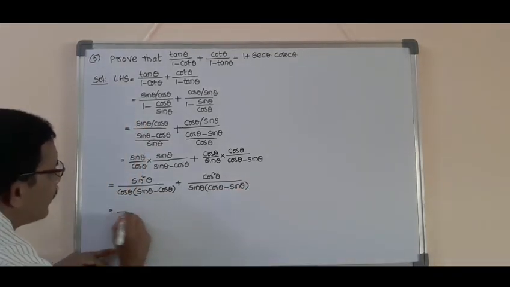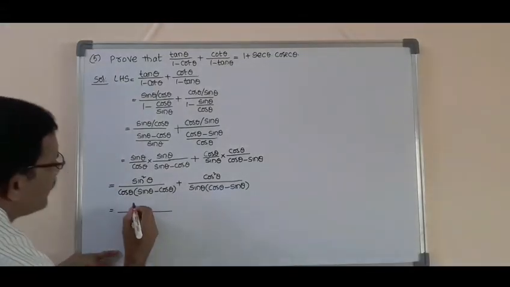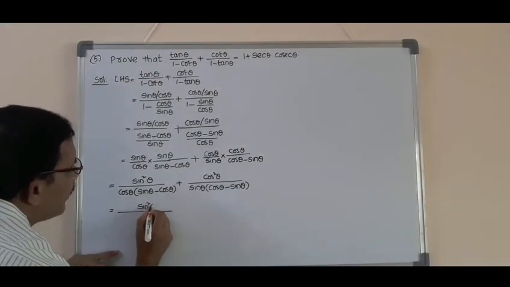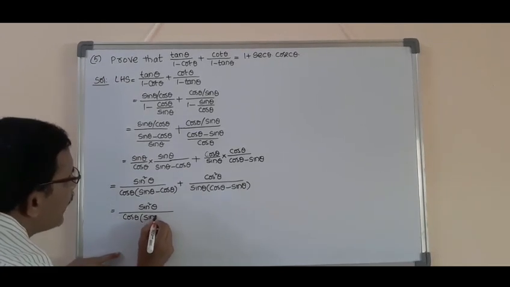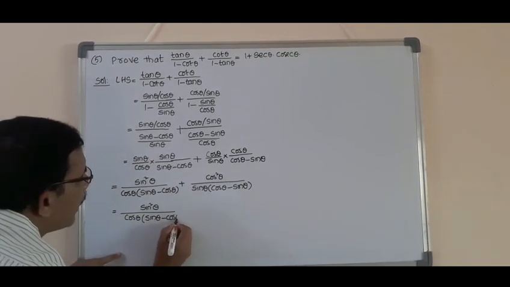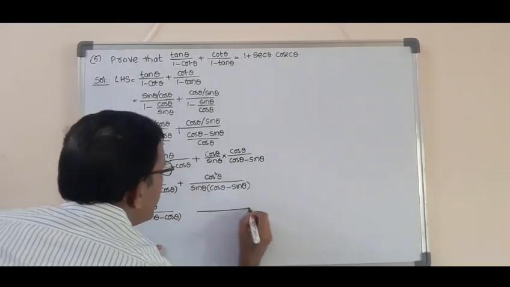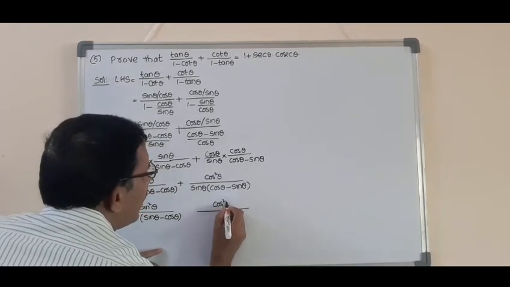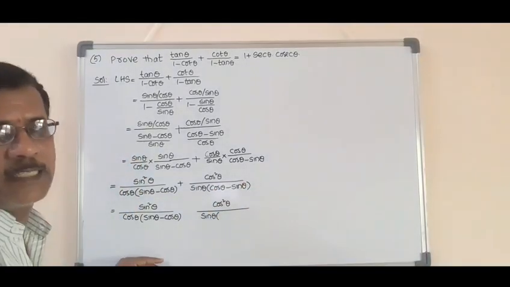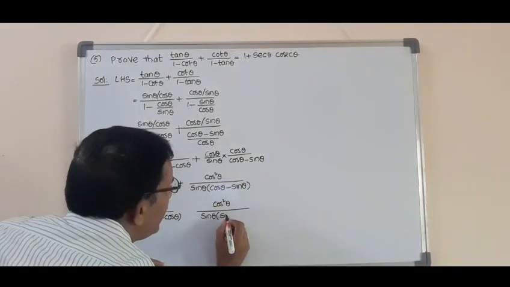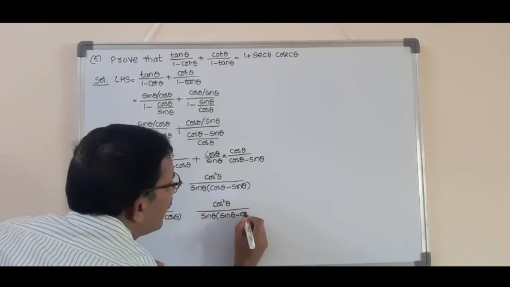Now, first expression is the same. Sin square theta by cos theta into (sin theta minus cos theta). Second expression, cos square theta by sin theta into this (cos theta minus sin theta). I will write sin theta minus cos theta.